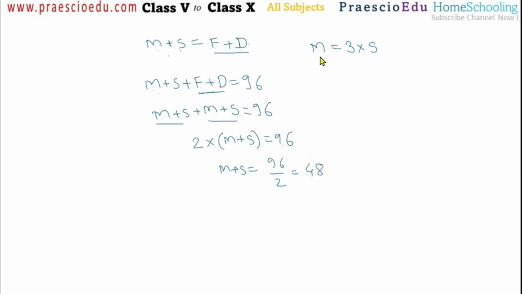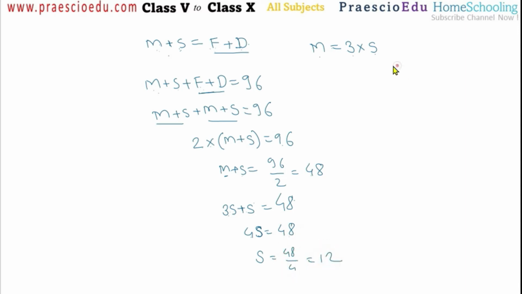Now M is equal to 3 times S, so we replace M. So 3S plus S is equal to 48. Now 3S plus S means 4S is equal to 48. So S is equal to 48 divided by 4, which is 12.